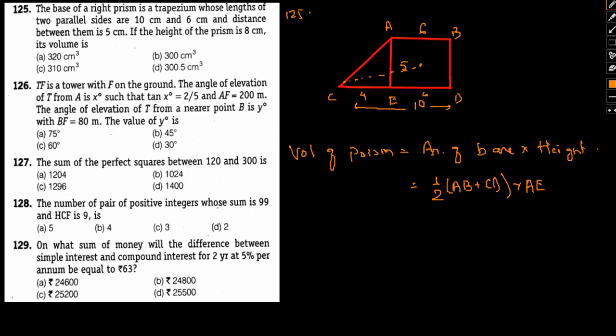So half into 6 plus 10, into 5, into 8. What we have here is 8 into 5 is 40, 40 into 8, that is 320 centimeter cube. So this is our volume. Option A will be the right answer. I hope this is clear.